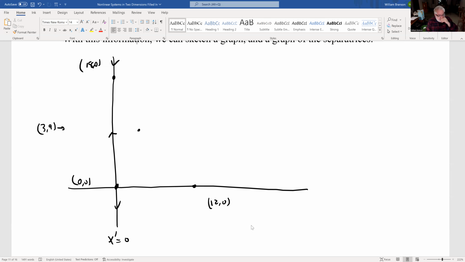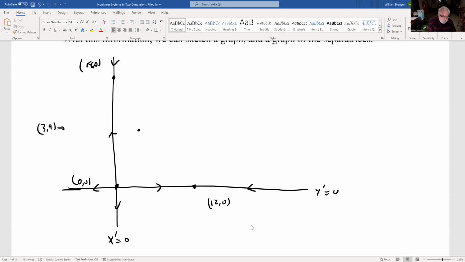Right, that's the nullcline for x' = 0. So if there's no x animals, we expect to have a logistic kind of phase line here for the y animals. They just end up with 18. Likewise, the nullcline for y' is the x-axis, and my animals end up at (12, 0) if we start with no y animals.